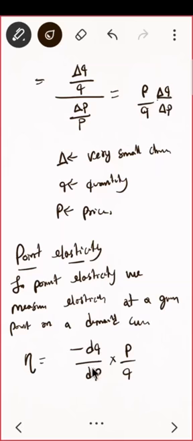Why did this minus come? Because actually it is inversely proportional. That is, price and quantity are inversely related. So you may write this negative sign is because price and quantity are inversely related. So dq by dp will be negative.